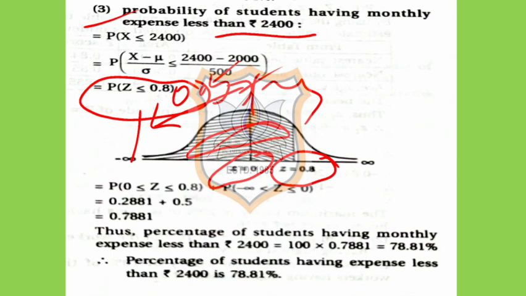So it will be 0.2881 plus 0.5 and the final value will be 0.7881. Again the percentage is required, so multiply by 100. So the answer will be 78.81%.